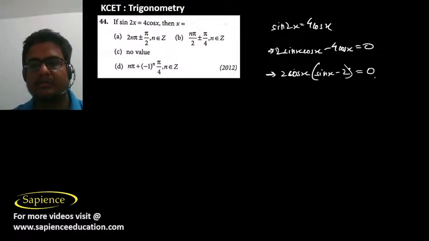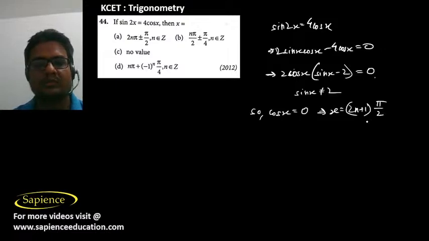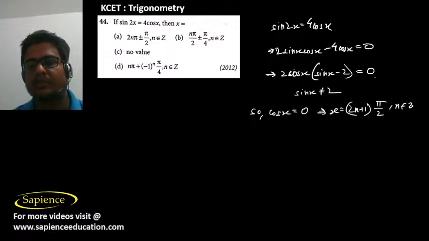Now sin x cannot be equal to 2. So therefore cos x should be equal to 0. It means that x should be equal to (2n plus 1) pi by 2, where n belongs to Z. Or we can say that x equal to 2n pi plus or minus pi by 2, where n belongs to Z.